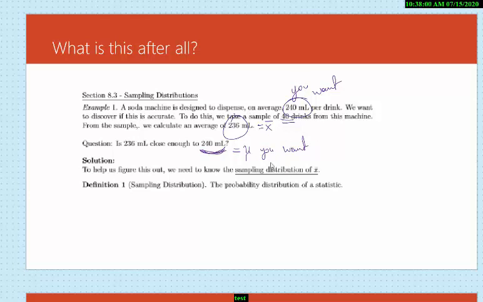Are you close enough? Is this 236 too close to 240? Well, it's 4 milliliters away. What is 4 milliliters? It's almost 2.5% away. Well, if you go with improbable events, 2.5 is a good approximation. So it seems to be close enough to what you want.